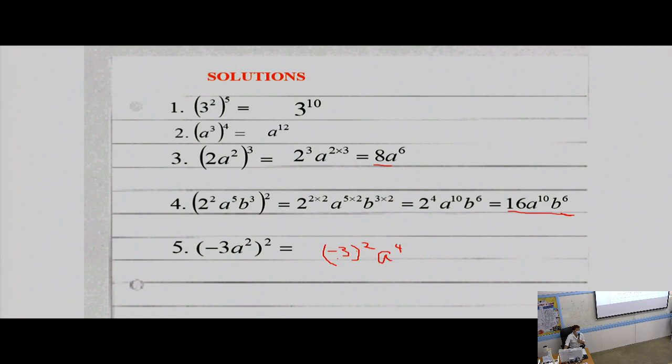Negative 3 times negative 3. There is a parenthesis, right? That's why we have parenthesis here. That is 9a to the power of 4. So that would be your answer.